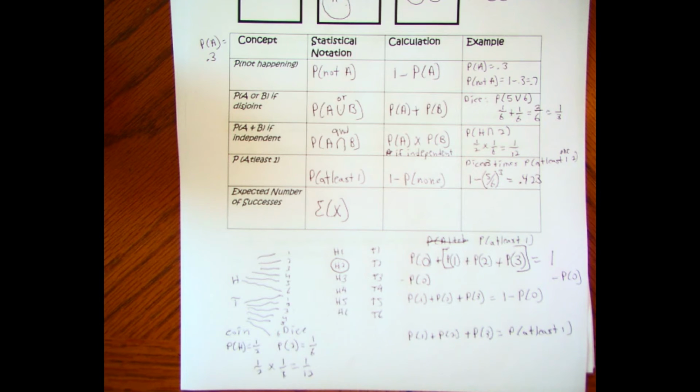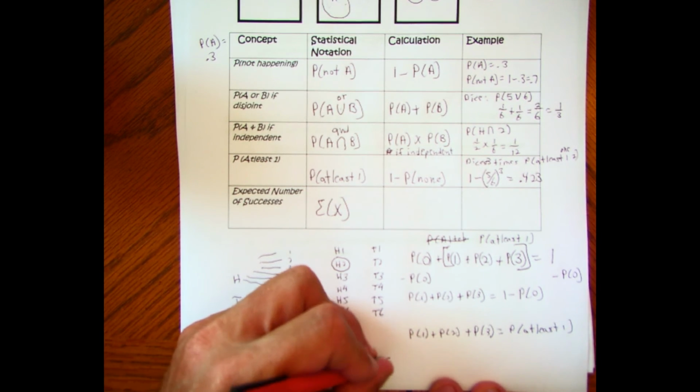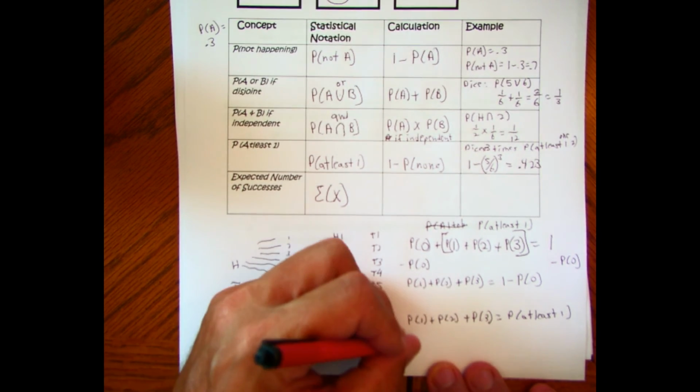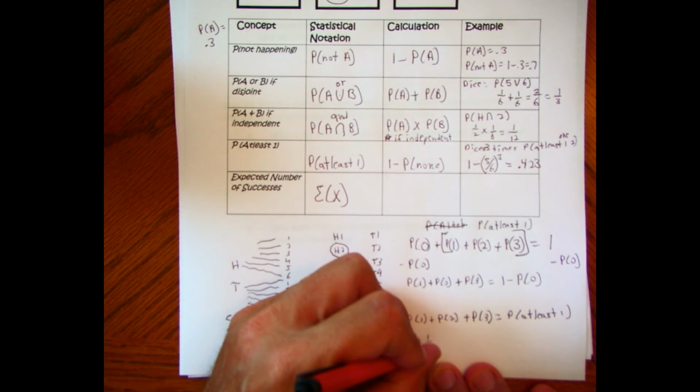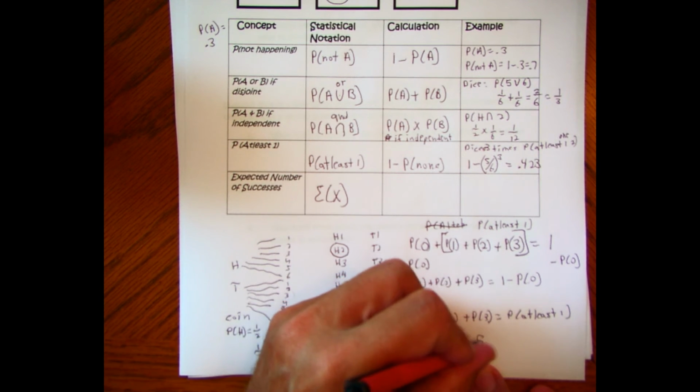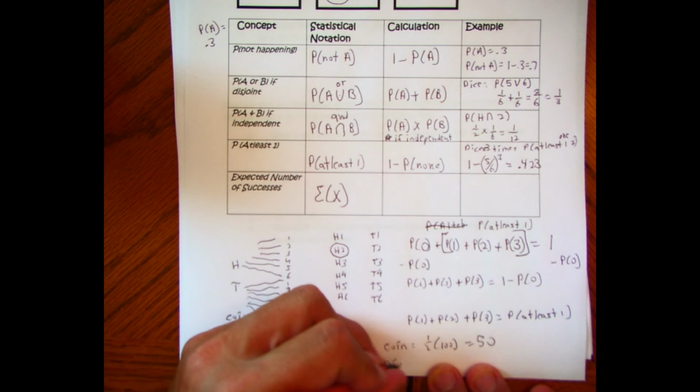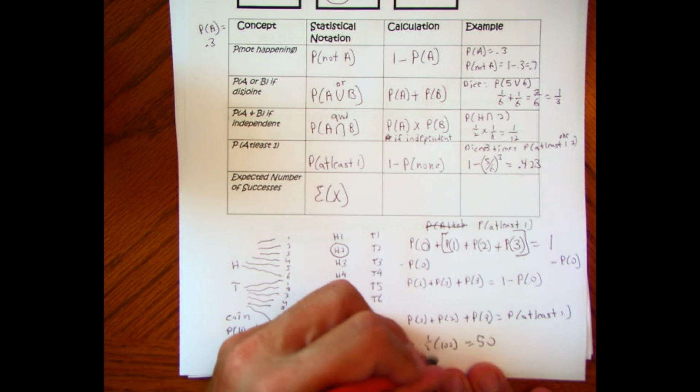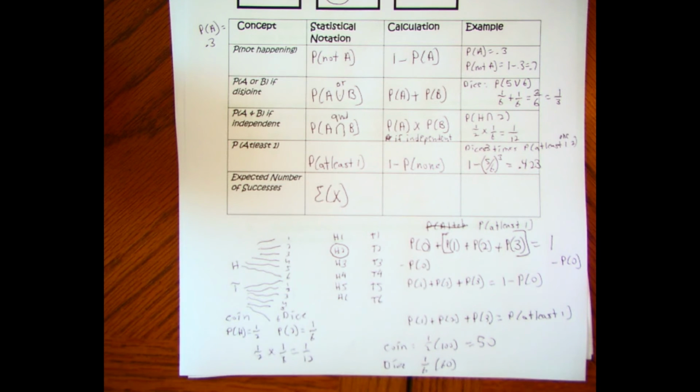So 60 times 1/6 gives you 10. In my first example with the coin, you did 1/2 times 100, the probability of a heads times 100, and you got 50. With the dice, the probability of a 5 is 1/6, we're rolling it 60 times, and 1/6 times 60 is 10.